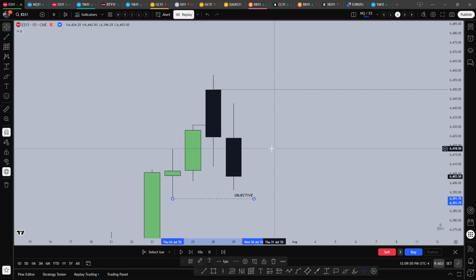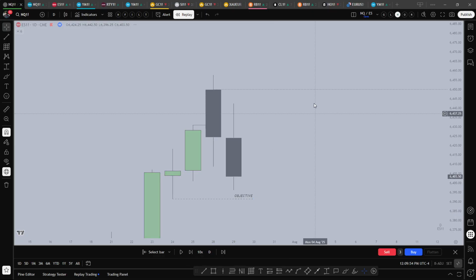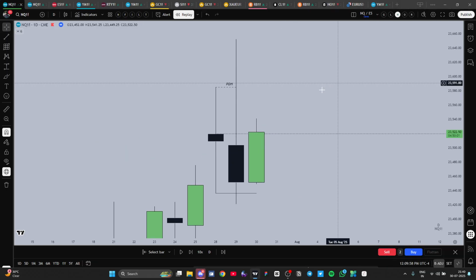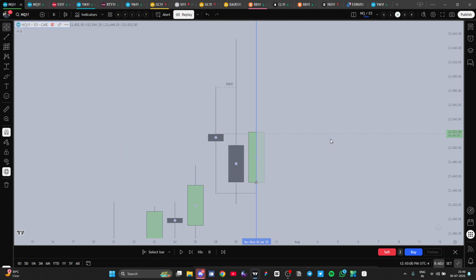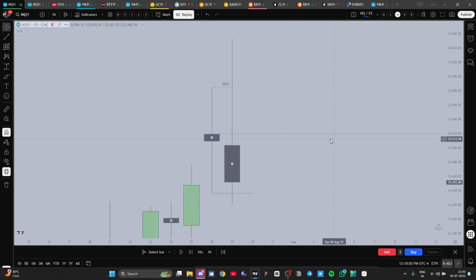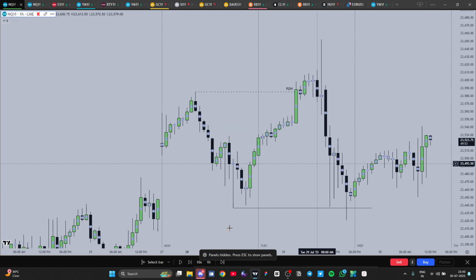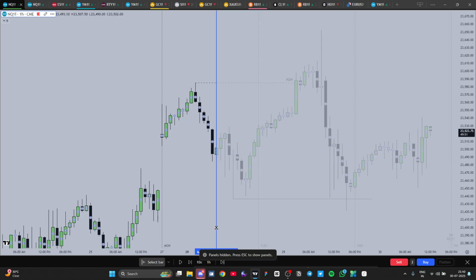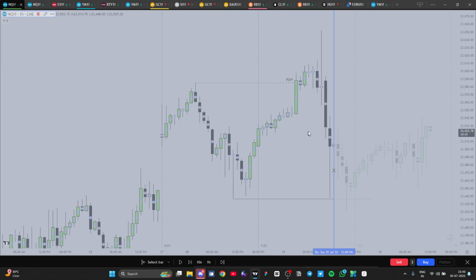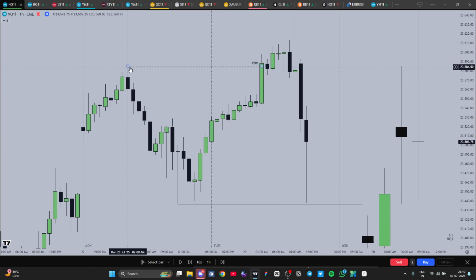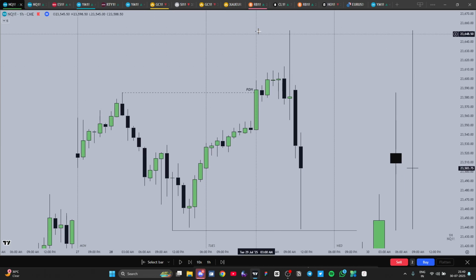But going into Tuesday, when I saw NQ reaching previous day high and rejecting off of it, I could assume NQ is forming a Tuesday reversal.